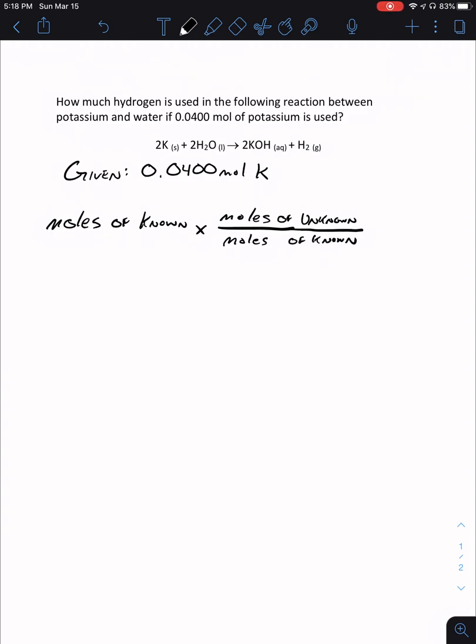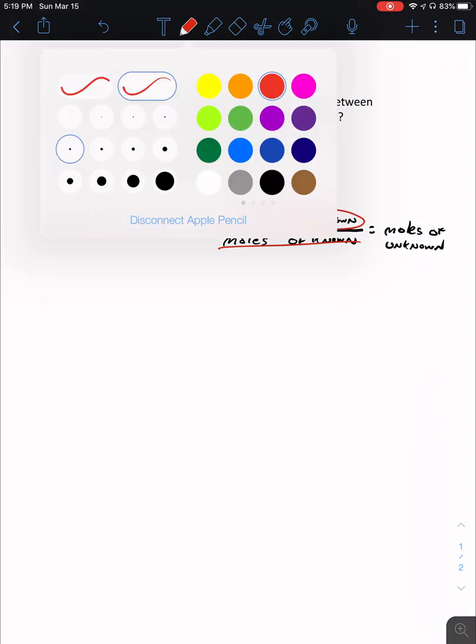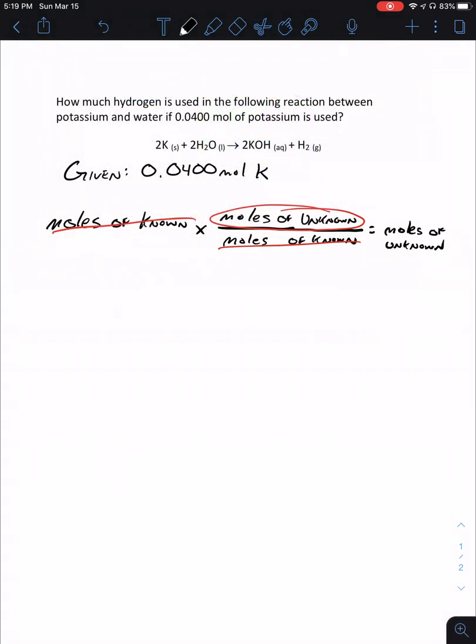This should make sense in a second, because if you look, moles of known cancels out, and we're just left with moles of unknown. Okay, so now we just fill in what we know.